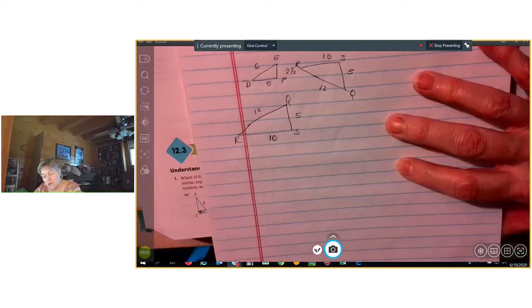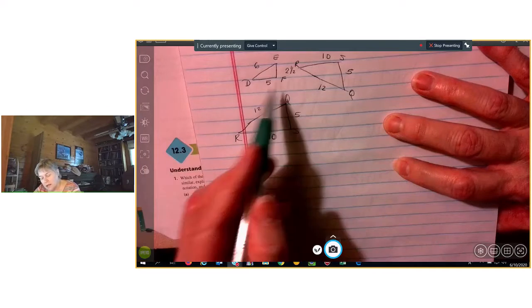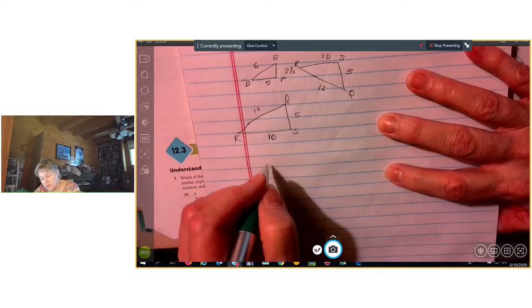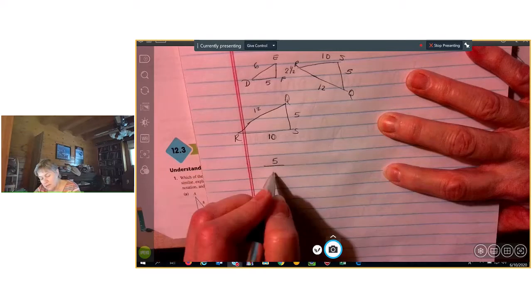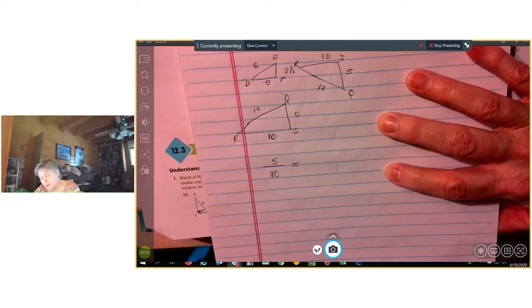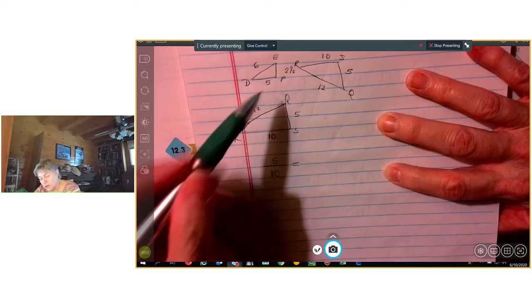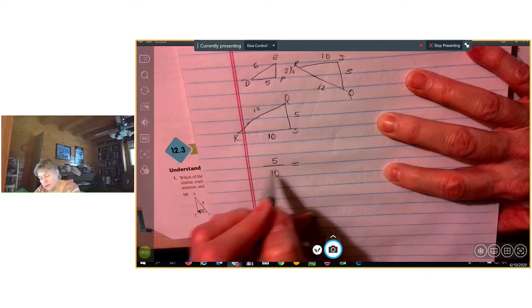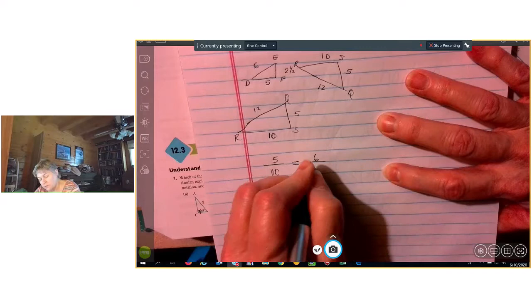We can look at the proportions of these two triangles and say that DF, which is 5, is proportionate to RS, which is 10, and that is going to equal, I can do either one of these, RQ over DE, which is 6 over 12.